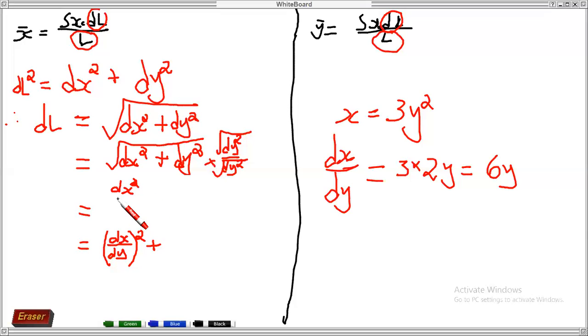dx squared divided by dy squared plus again dy squared over dy squared like that. Then this whole thing you can put under the square root.